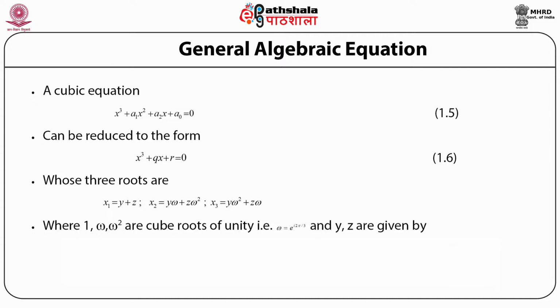That is, omega is equal to exponential i times 2 pi by 3, and y and z are given by y cube is equal to minus r by 2 plus under root of r square by 4 plus q cube by 27, and z cube is given by minus r by 2 minus under root of r square by 4 plus q cube by 27.